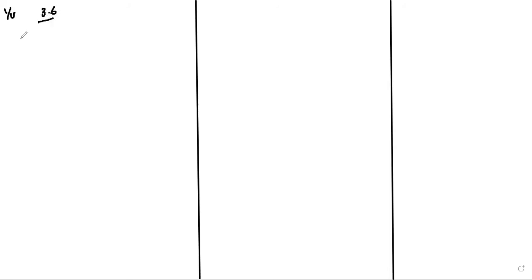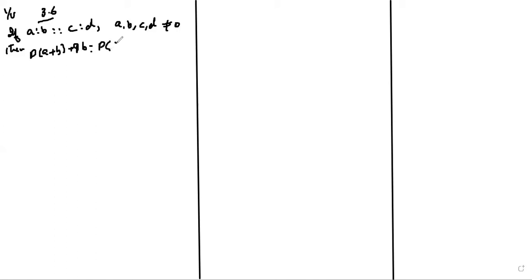The question is: if A is to B proportion to C is to D, for A, B, C, D not equal to 0, then show that (P times A plus B plus QB) divided by (P times C plus D plus QD) equals A is to C.